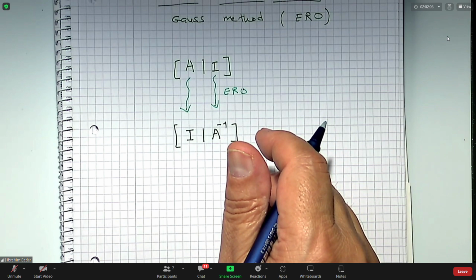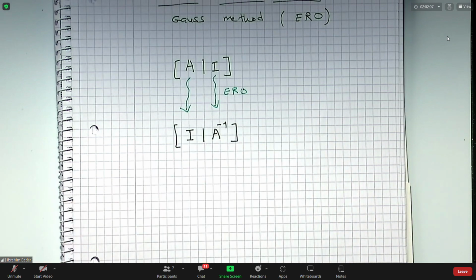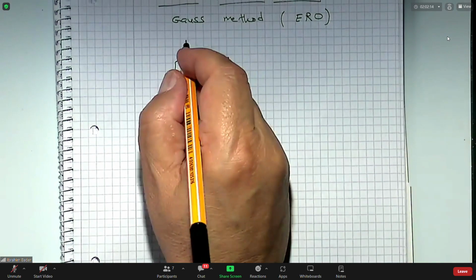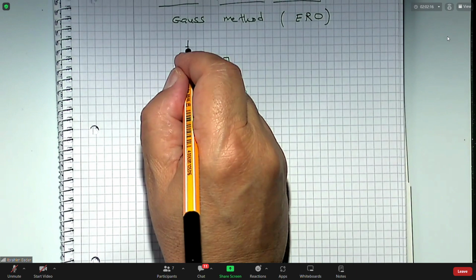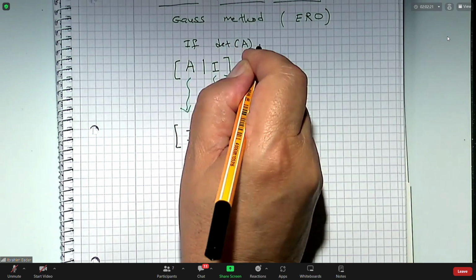We will do an example shortly, but before you do that, you need to check if the determinant of A is not equal to 0.